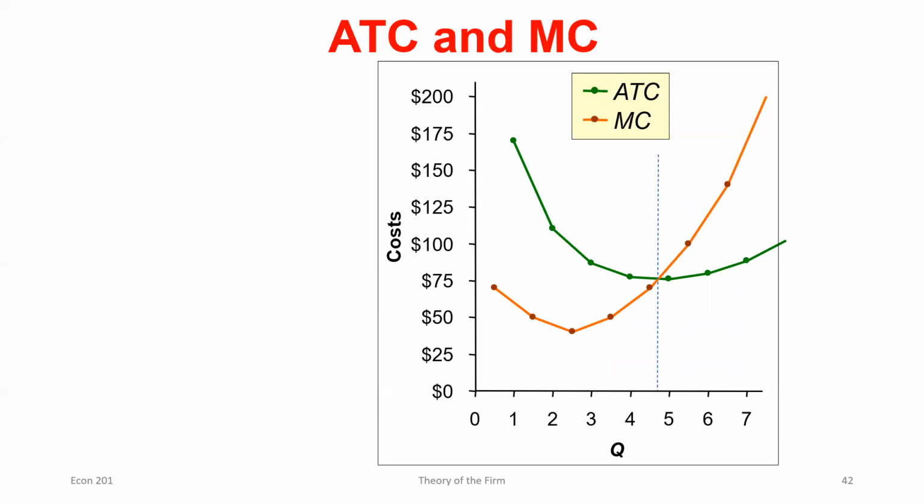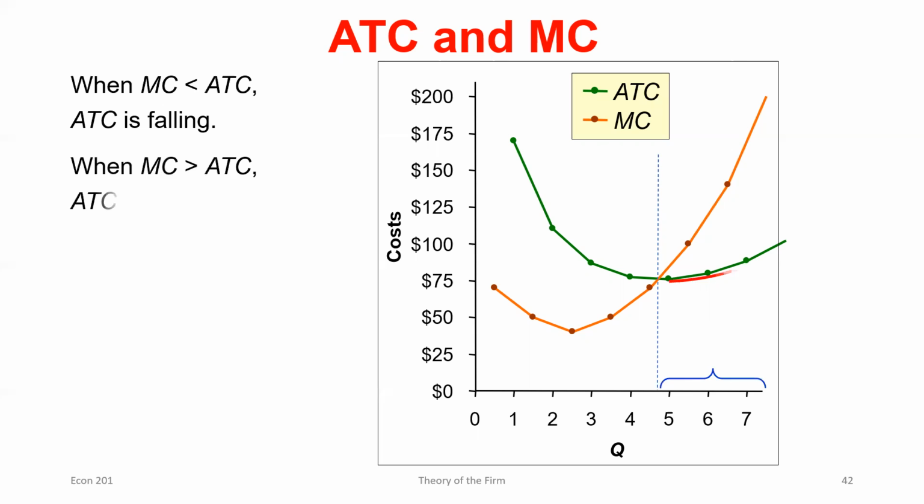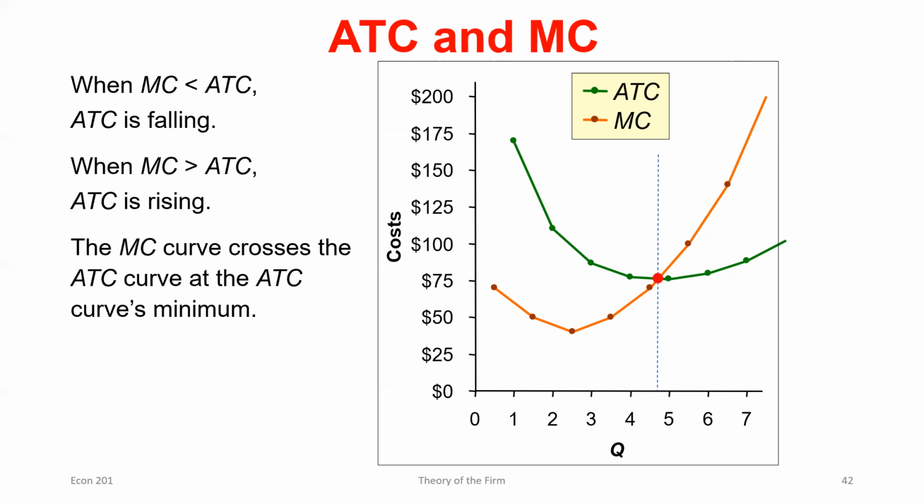So anytime the marginal cost curve is below, average total costs are decreasing. Once marginal costs start to get greater than the average total cost, now my average total cost will be increasing because I'm adding a value that's above the average, so the new average is going to pull up even higher. So that rule, that relationship between marginal cost and average total cost tells us about whether average total cost is falling or rising, right?